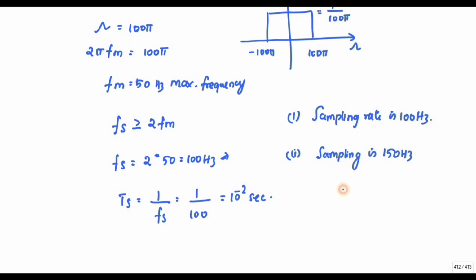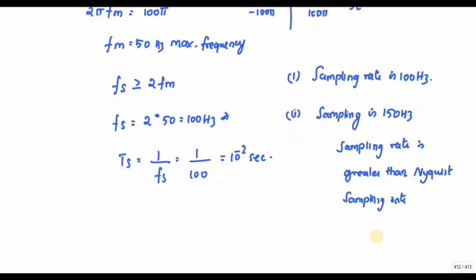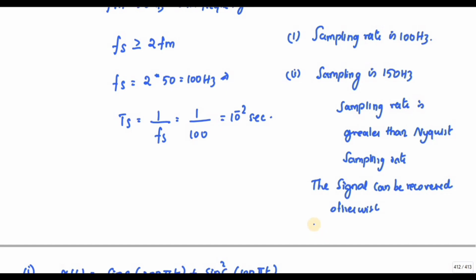If the sampling rate is higher than, greater than the Nyquist sampling rate, the signal can be recovered. Otherwise it leads to aliasing.